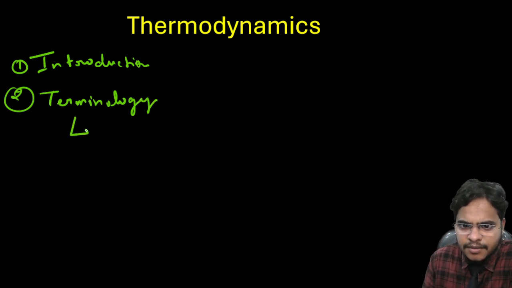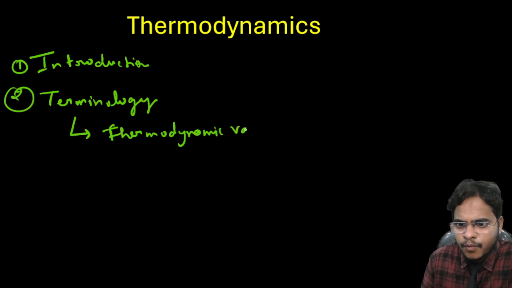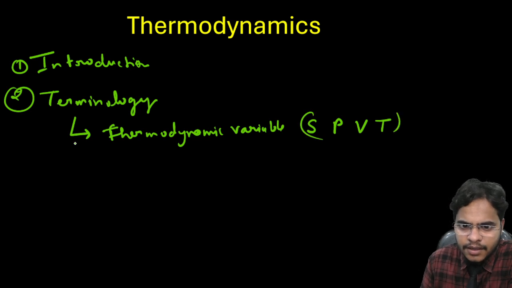In the terminology we have 4 thermodynamic variables. These are 4: entropy, pressure, volume, temperature. Okay.